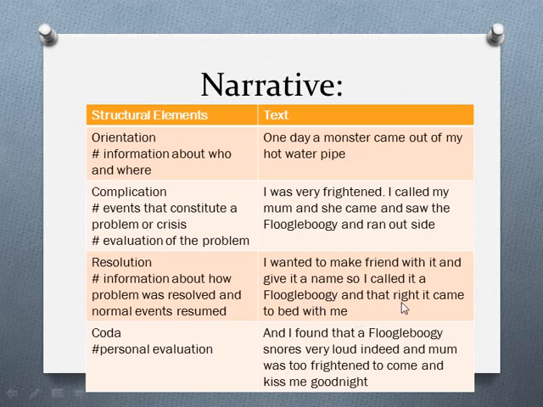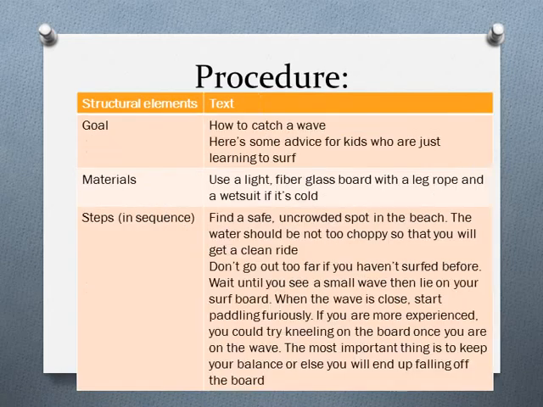And I found that a flugel boogie snores very loud indeed, and my mom was too frightened to come and kiss me good night. So this is an imaginary story, a narrative with the structural elements starting with orientation, complication, resolution, and coda. It's similar to recount, but it has some differences.